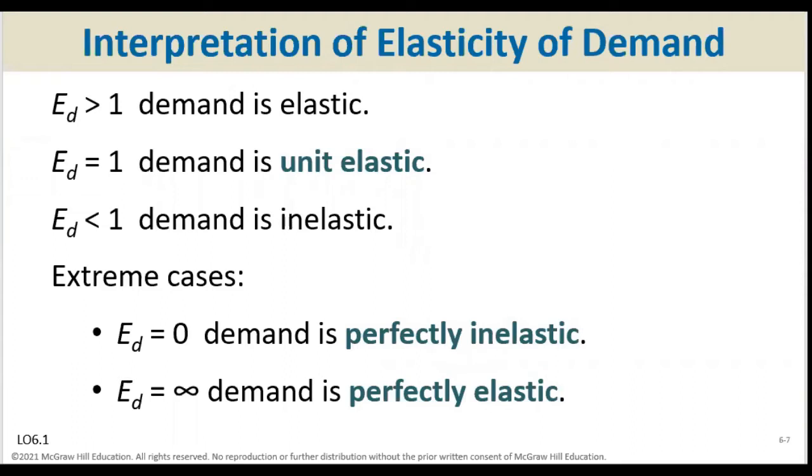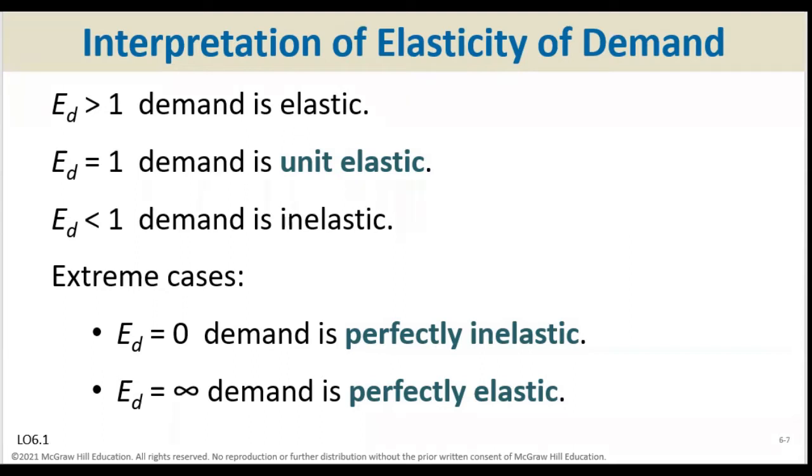When E_D is greater than 1, the percentage change in the quantity demanded is greater than the percentage change in the price. People are more sensitive. And when E_D is equal to 1, that is a special case called unit elastic. This means that the percentage change in the price and the percentage change in the quantity demanded are equal.